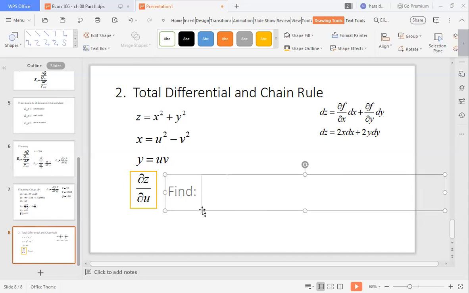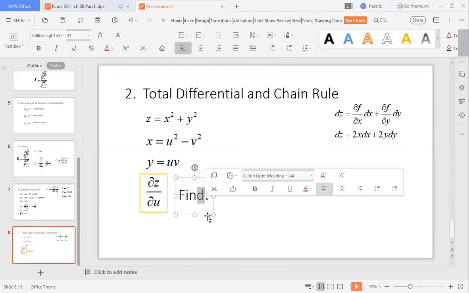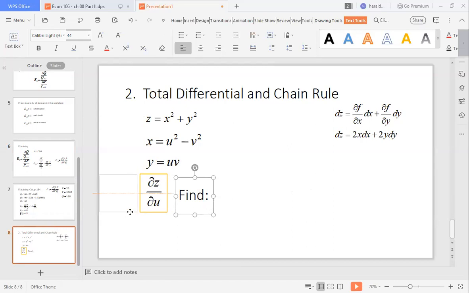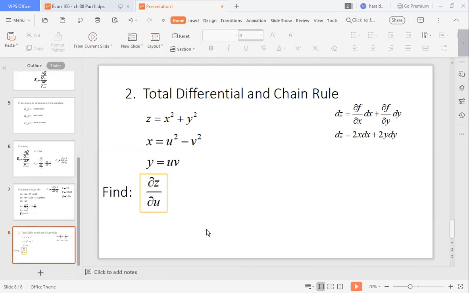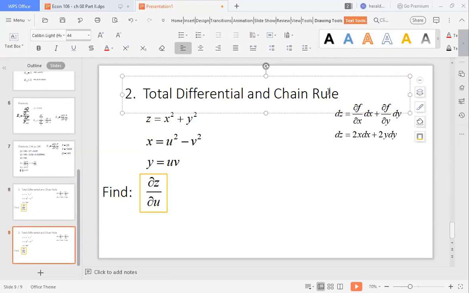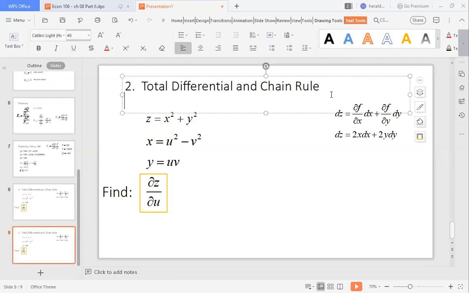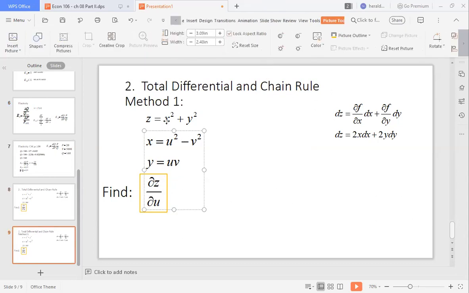Just to clarify my point of what we're trying to do here: we will need to find partial z, partial u. So there are two ways to do it, two methods. Method one.